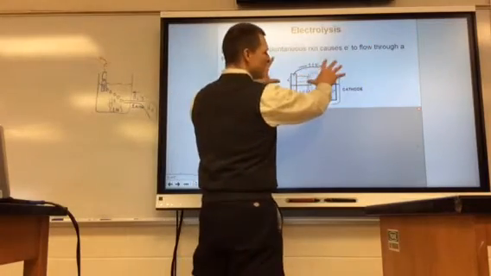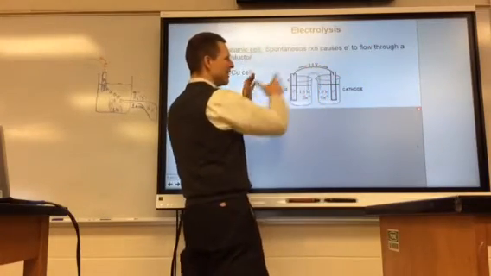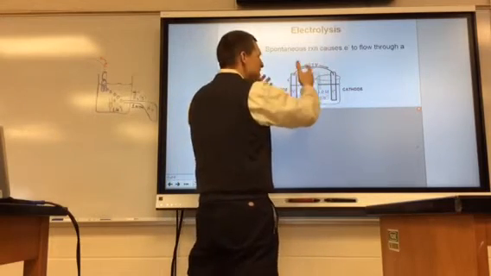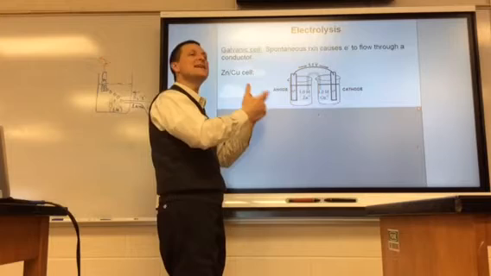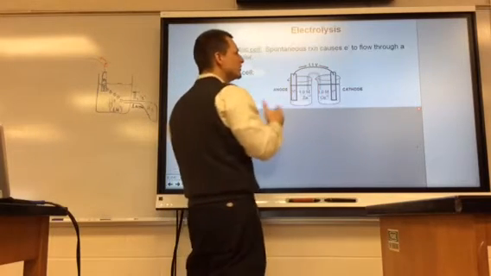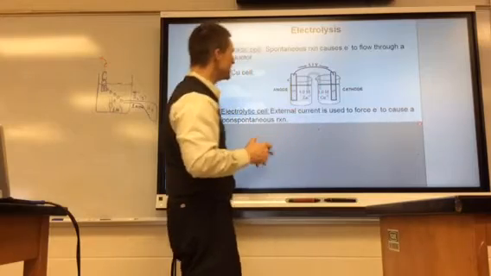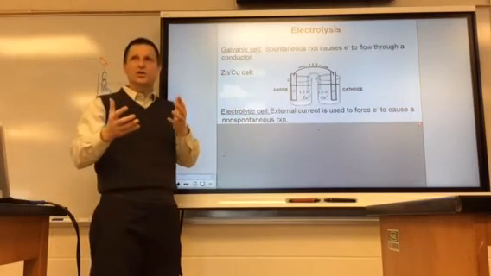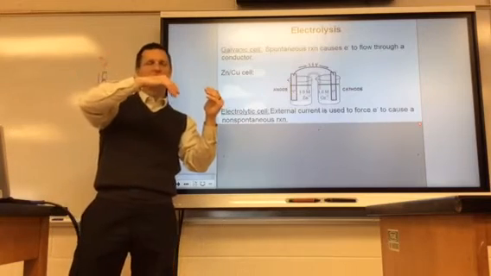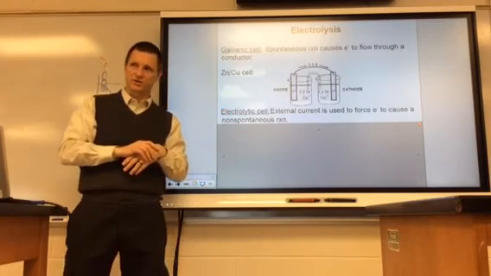This is not a picture of electrolysis. This is a picture of a galvanic cell. Electrolysis is something different. I just wanted to remind you, this is what we've been doing. In contrast, here's what we could do when we use electrolysis. Electrolysis is the process of using an external current to push the electrons on purpose in the non-spontaneous direction.